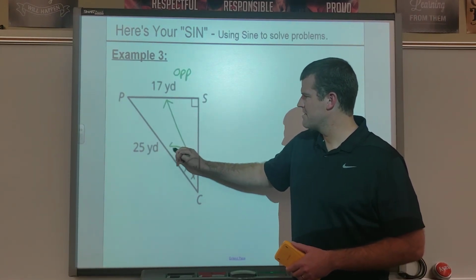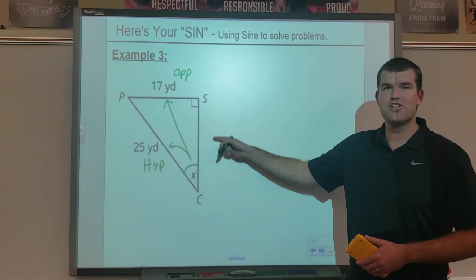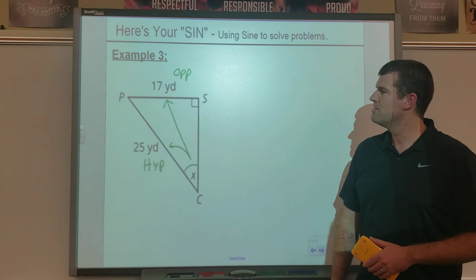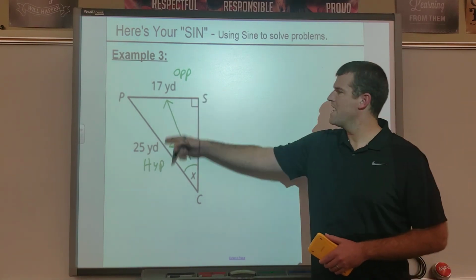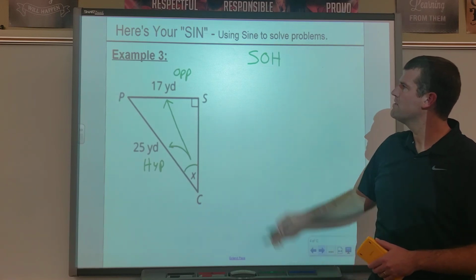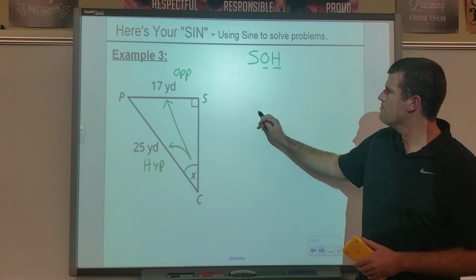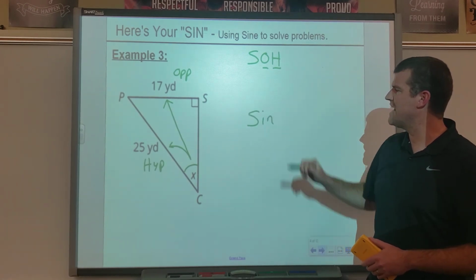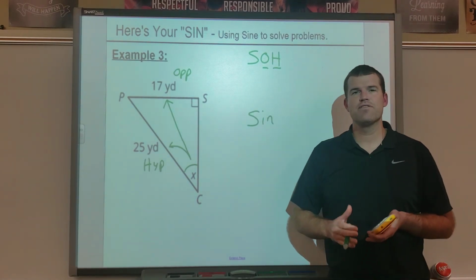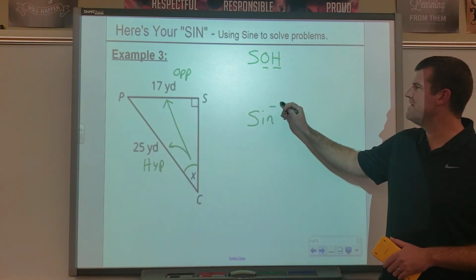This side is the hypotenuse. We do not know the adjacent, not using the adjacent at all. So if we just have O and H, we can go back to SOH CAH TOA. O and H go with sine. But because we are finding the angle, anytime you are finding an angle measure using trig, we are going to use the inverse.